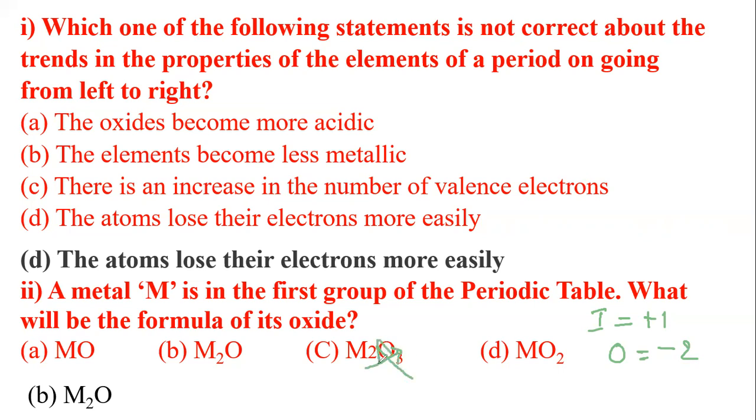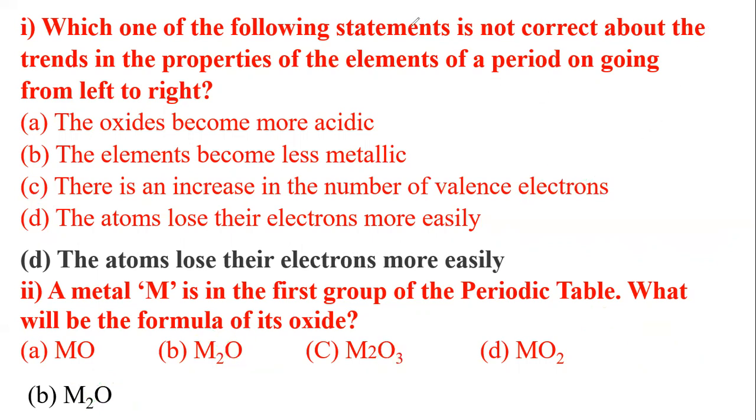If you crisscross this, it shows M2O is the correct one. The oxidation state of oxygen is 2, and where nothing is written, it is 1. Second option, B, is the correct one.